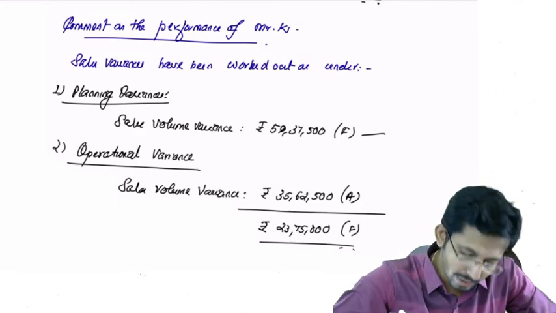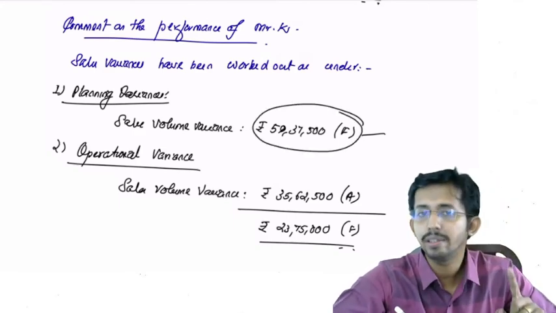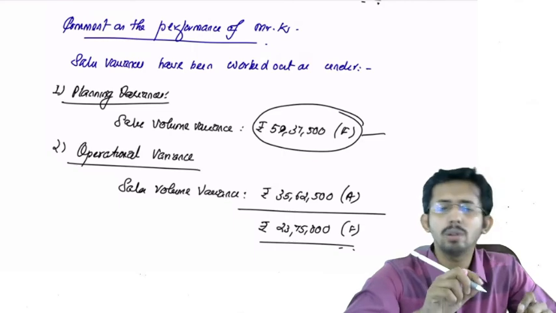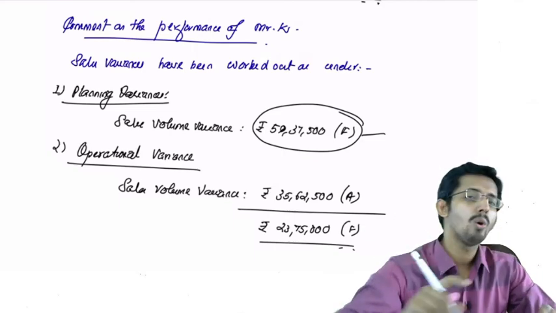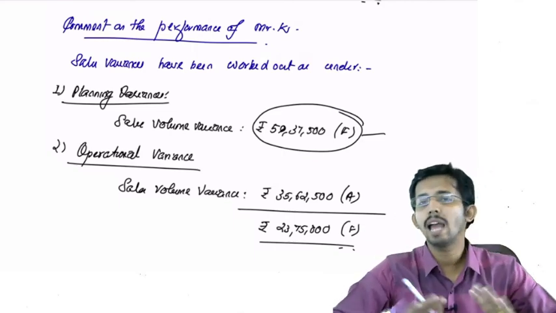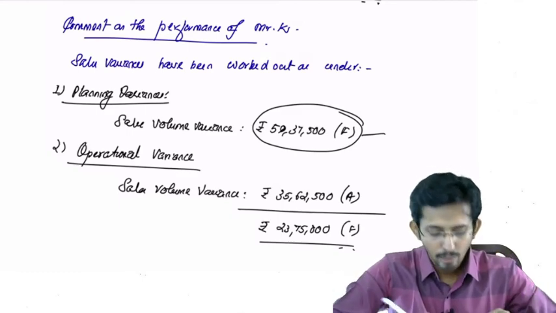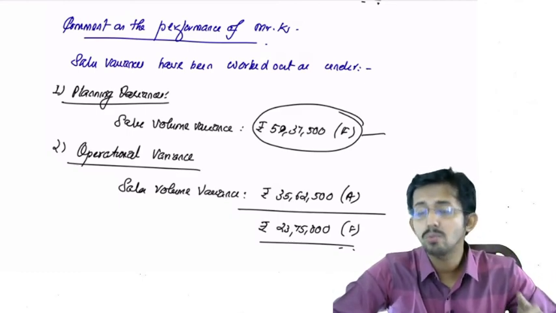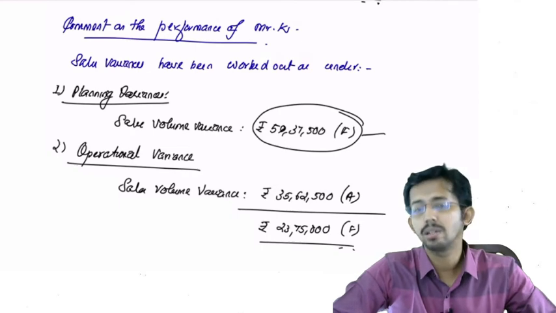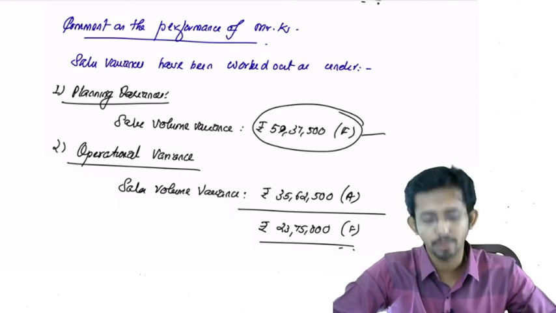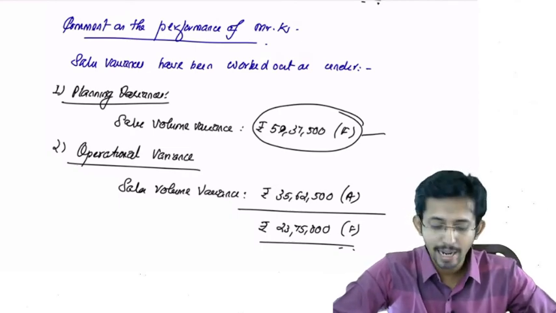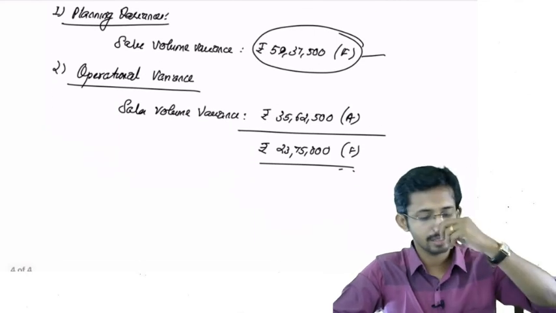For this he does not have any credit, because that is purely on account of change in the market size, over which Mr. K doesn't have any control. Whereas the operational variance comes under his control, and there he has made an adverse variance of 35,62,500.